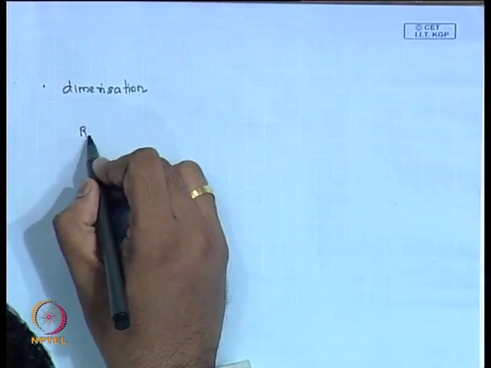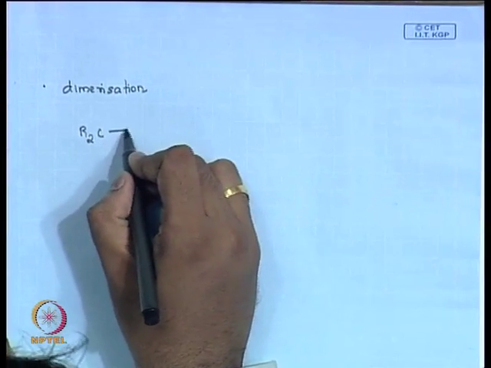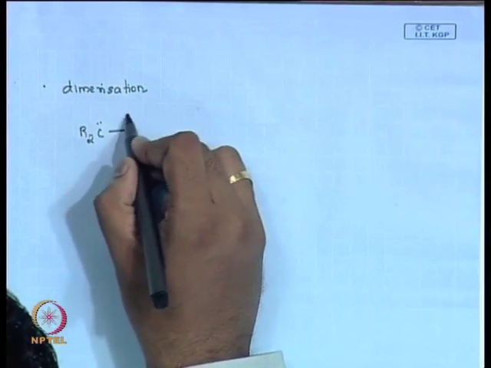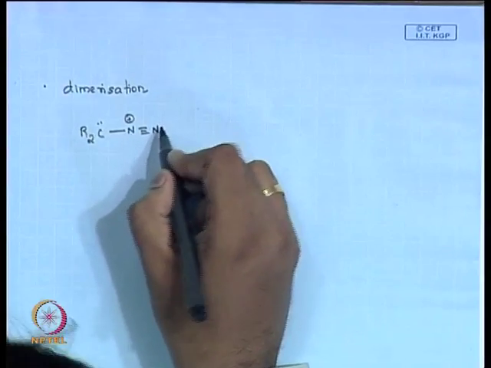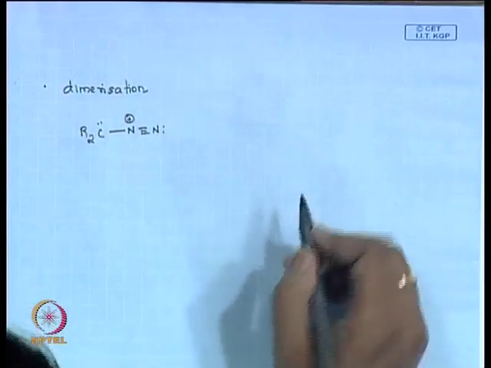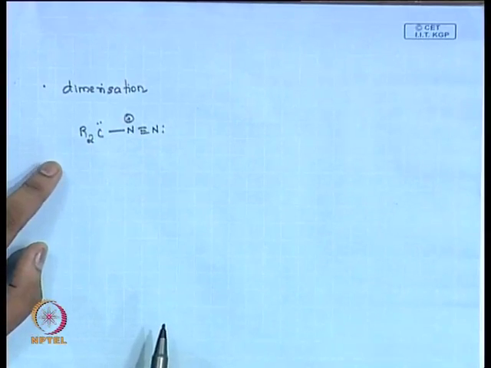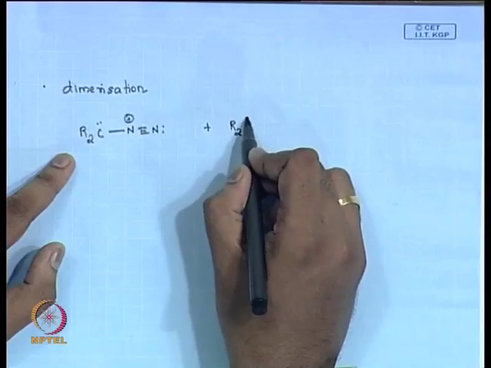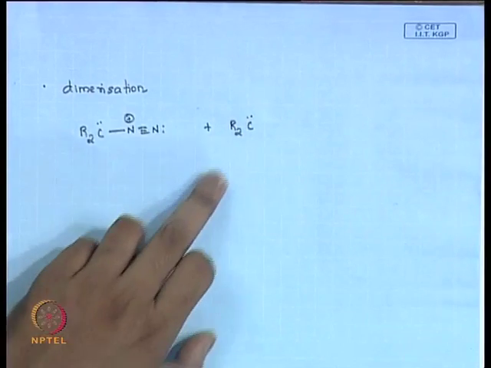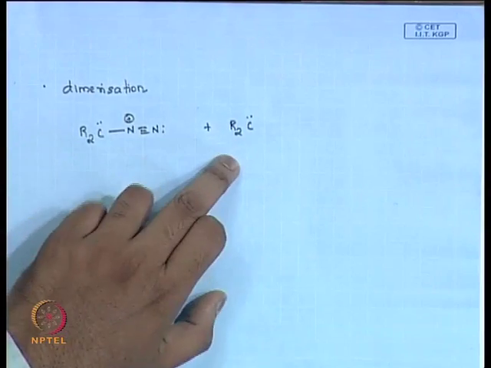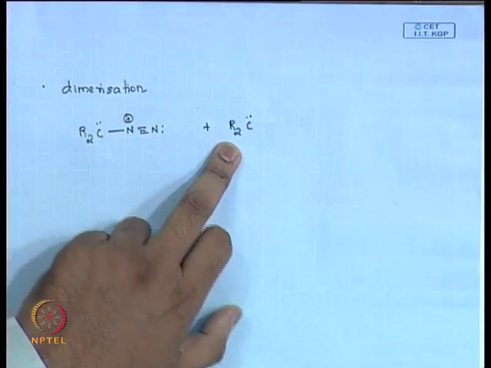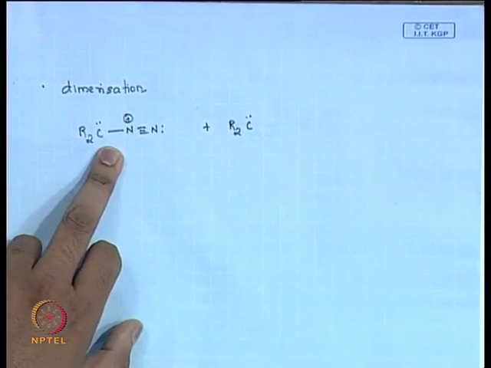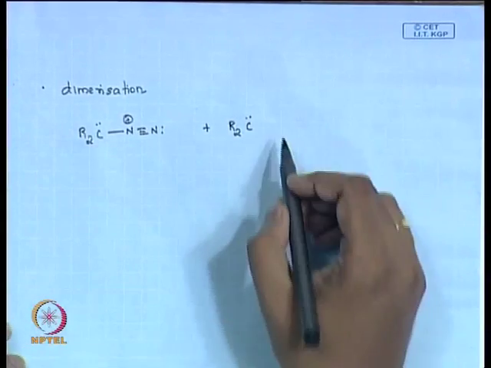Like for example, if I take an azo compound, a type of azo compound. Based on the same azo compound, I have generated a carbene, R2C dot. So, I have generated a carbene using the same compound, and this carbene waits till it sees another molecule.